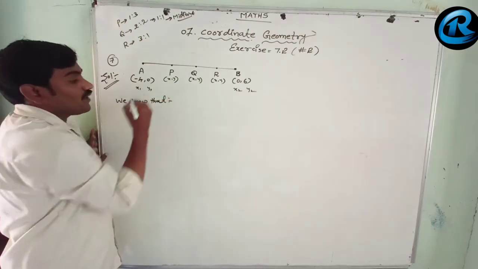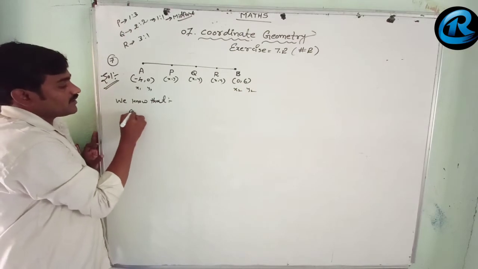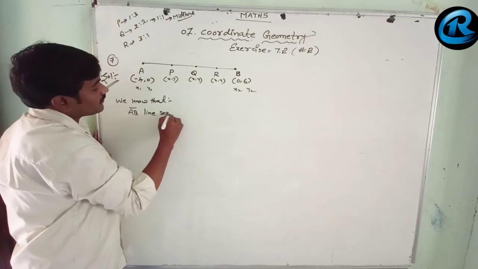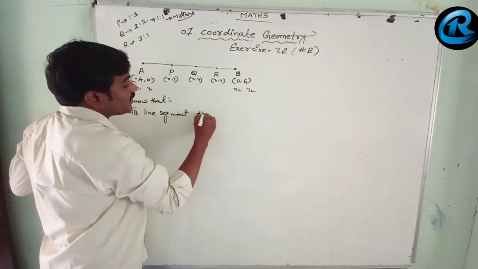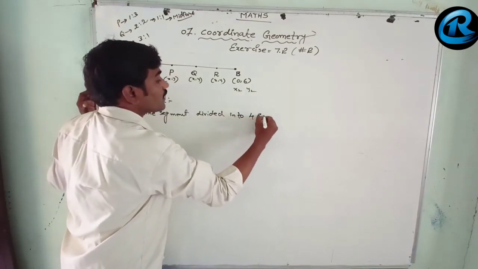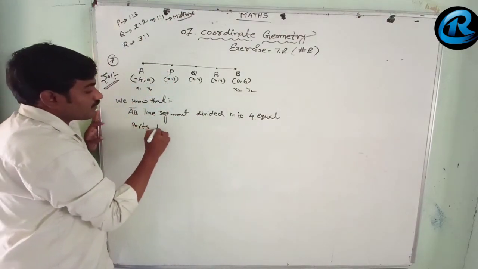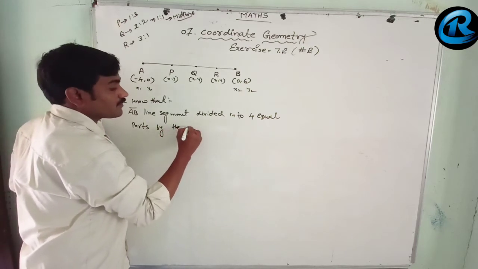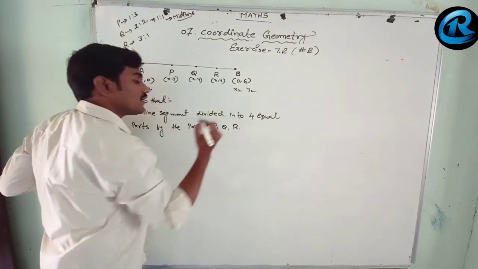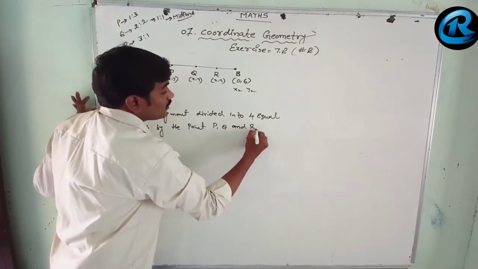that here this AB line segment is divided into 4 equal parts by the points P, Q, and R. So what happens here?